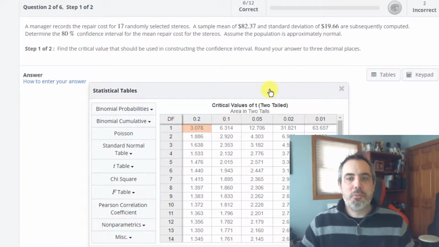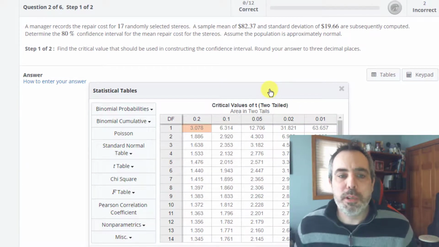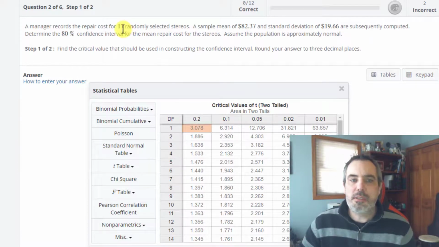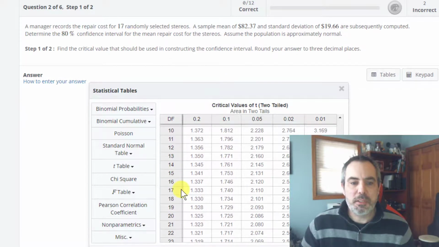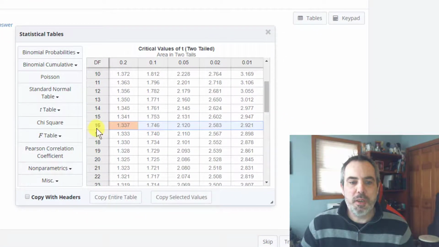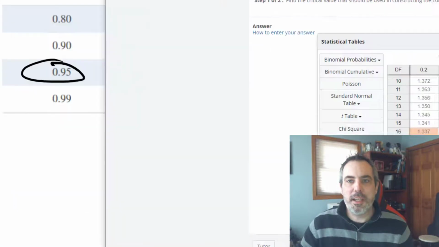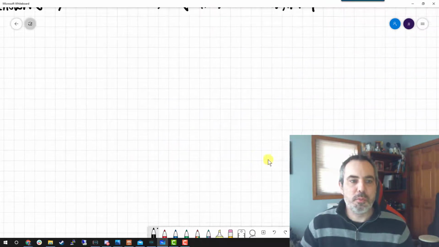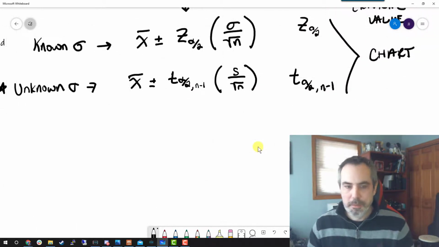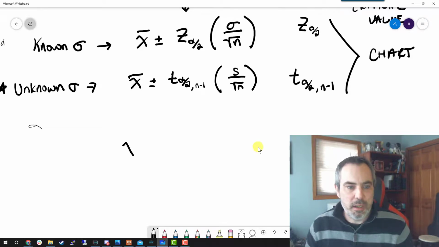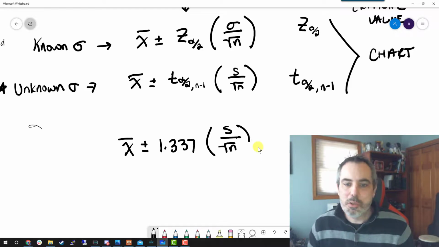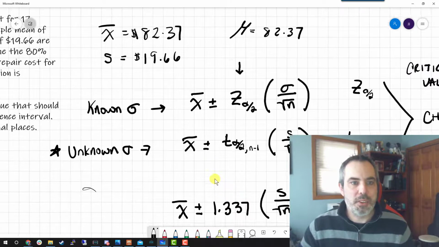In this case, the question we were looking at says, we need to know the critical value that we're going to use. Since there are 17 stereos, I am going to find a degrees of freedom of 16, and he wants an 80% confidence interval, that's 1.337. That's going to be the value that I would use in this formula. So jumping back over here, I would take my x bar plus or minus 1.337 times the standard deviation divided by the square root of how many samples I have.